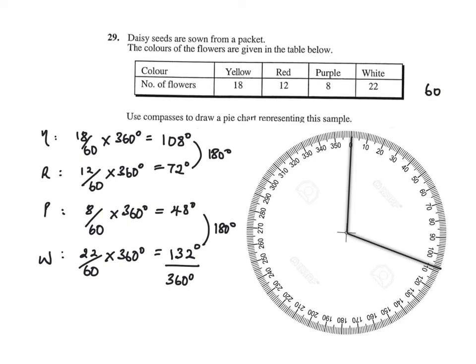And then 72 degrees, well that'll take me up to 180, so here's 180 here. Another vertical line. And then I want an angle of 48 degrees. Now 180 plus 48 is 228 degrees. So 228 is just about here. So another line.